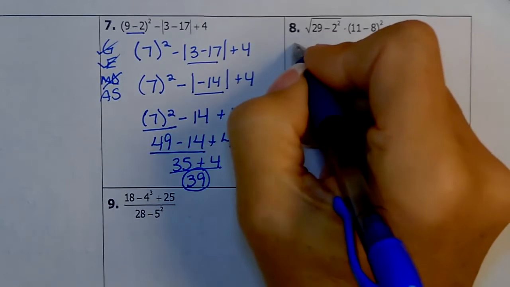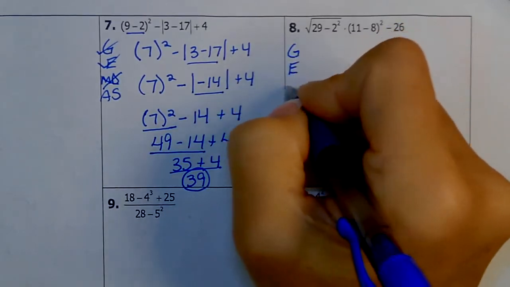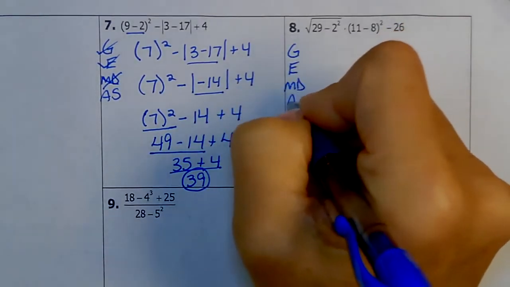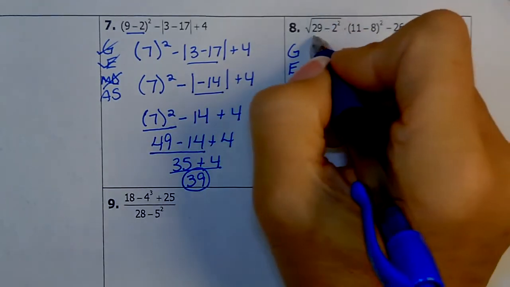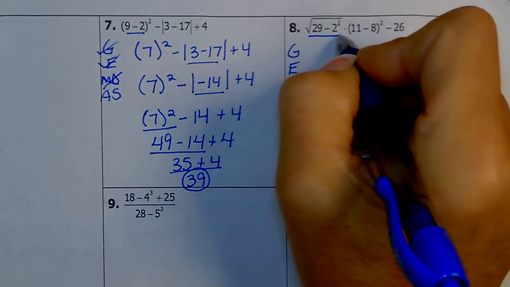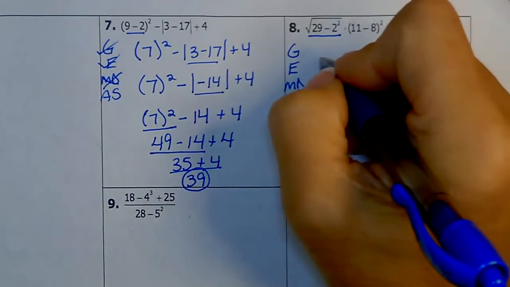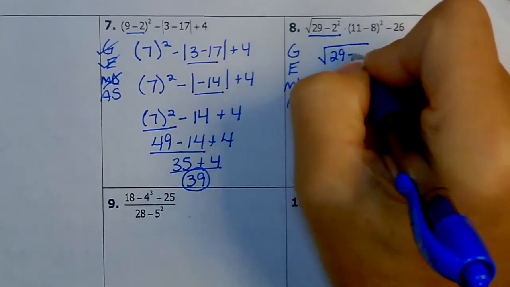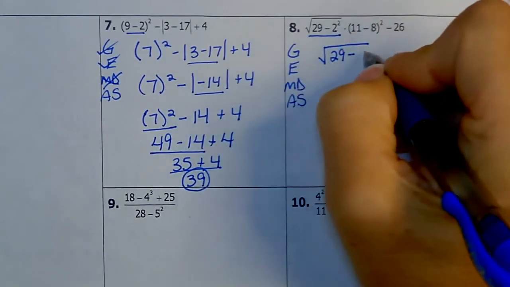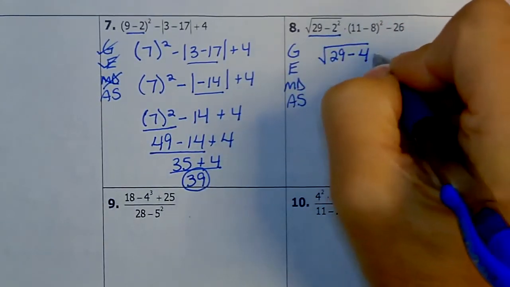Number 8. Write our steps. Okay, we're going to start with our groupings. So we're going to do this group first. So I have the square root of 29 minus 2 squared is 4.